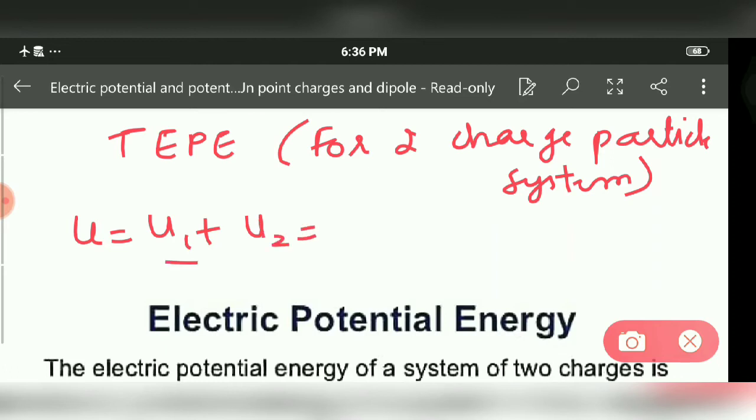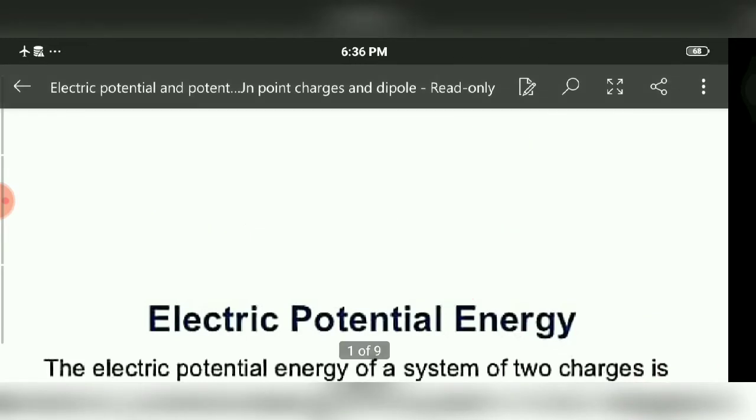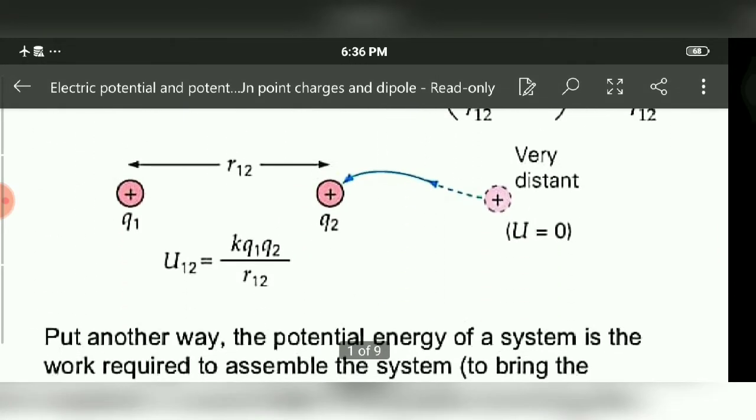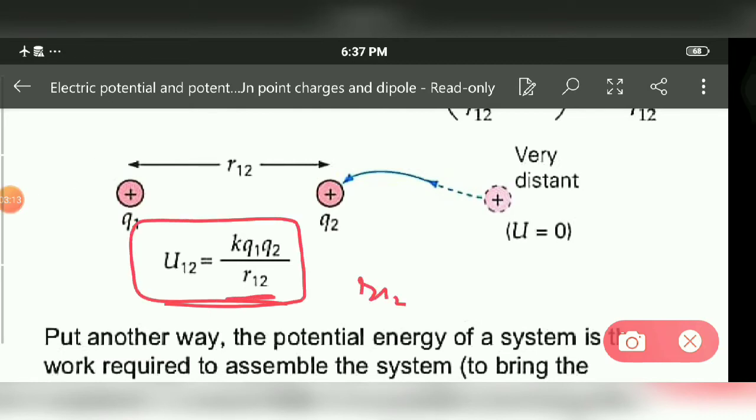As we know, U1 was 0, but U2 is K q1 q2 by r1. So for the two particle system, the total energy is K q1 q2 by r1. I have taken here r1.